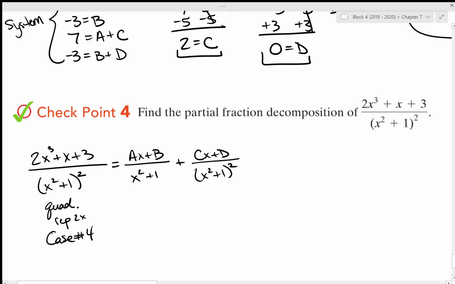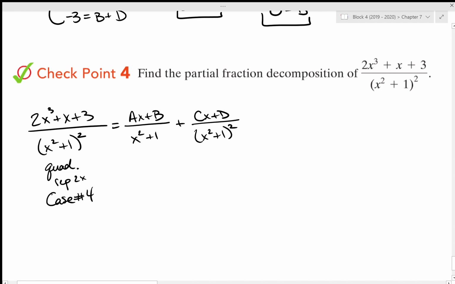Only difference between all the other cases, now we do the same thing we've done this whole lesson. So, get common denominators. Luckily the left side already has the common denominator. The ax plus b fraction is missing one of the x squared plus 1's, because it only has one of them. And then the cx plus d already has the common denominator, so we're fine.